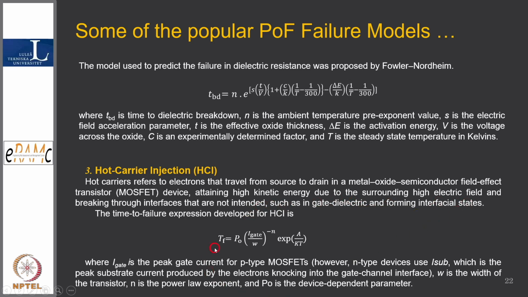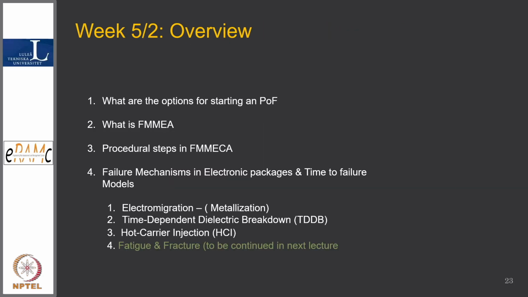So for the hot carrier effect, the time to failure has P0, again some constant, and then the gate current, and then W, the width of the transistor, and then the exponential, again the same term, A by KT. K is the Boltzmann constant, T is temperature, and A is activation energy. So we saw the three most important degradation mechanisms for electronics failure.